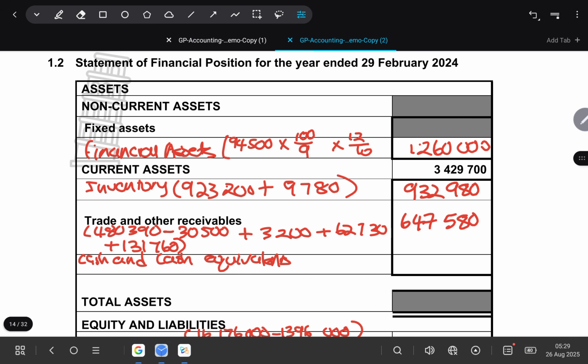Then let's check how much will be our cash and cash equivalents. We take it and we subtract the two items. So 3,429,700. You need to write it in brackets. You minus 932,980.